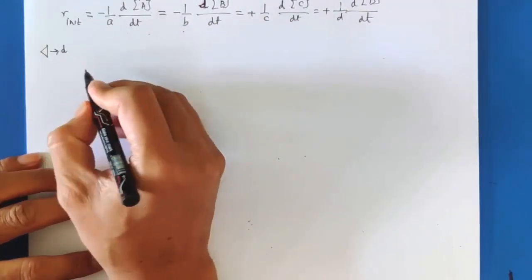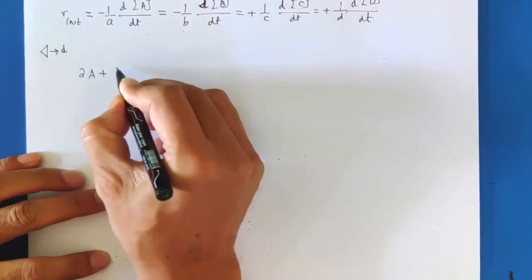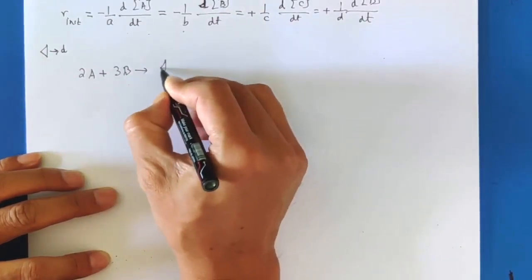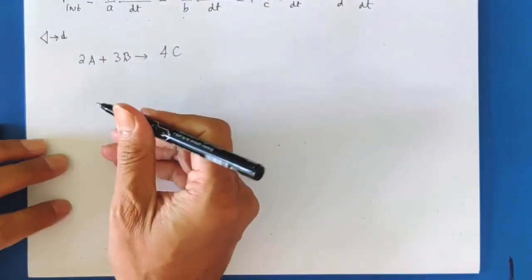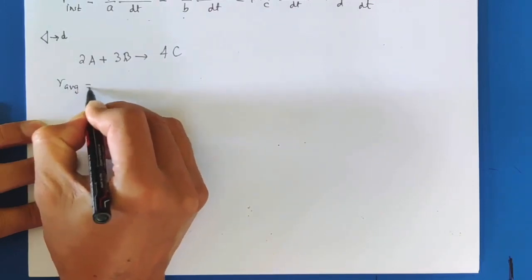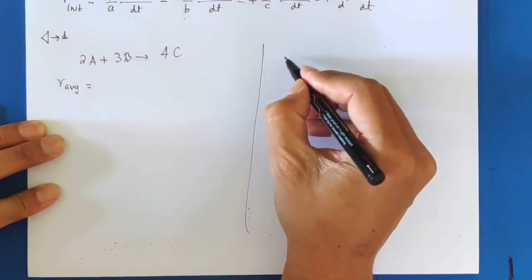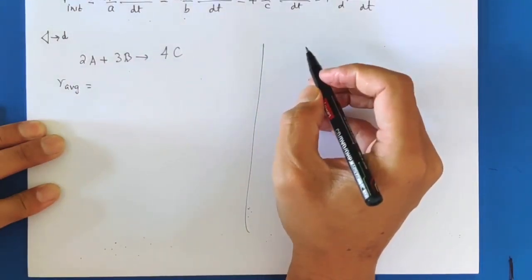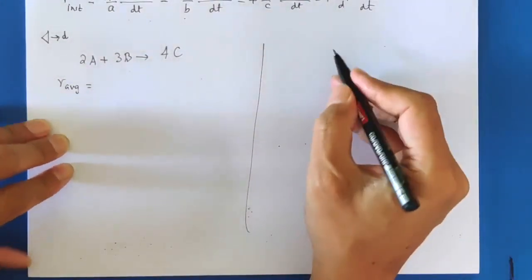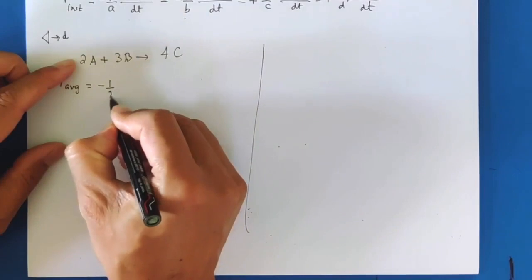Example: say 2A combines with 3B giving 4C. Identify the reactants and product. Calculate the average rate of reaction, R average, and the instantaneous rate of reaction. Start: minus, the stoichiometric coefficient comes down.